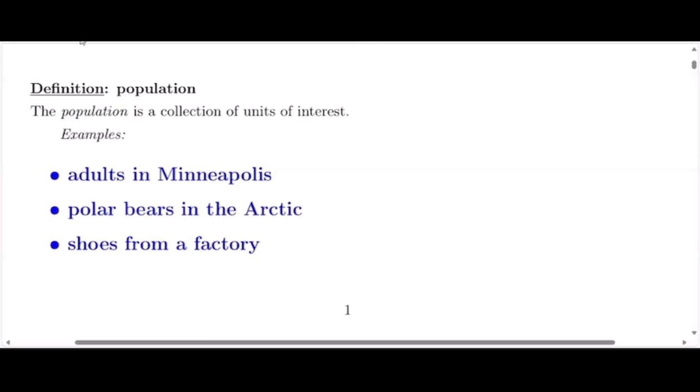Let's have an example: adults in Minneapolis, or the number of students in the University of Minnesota. When you're talking about that, we're talking about the whole. Choose depending on what you're looking for. We define it as the totality of the subjects. That is what we mean. I also want you to give your own example as well. Now, I want to move on.